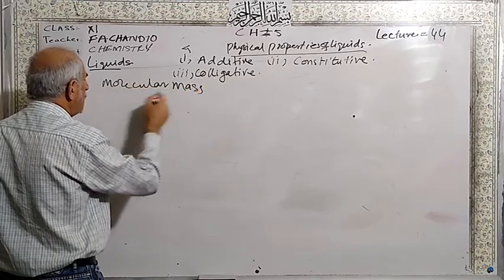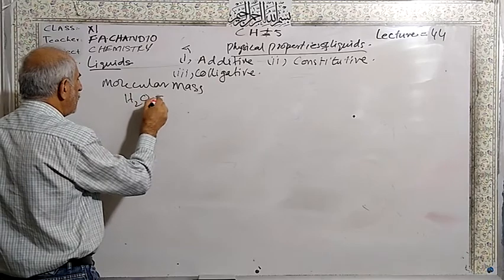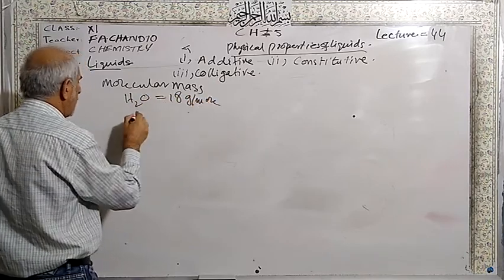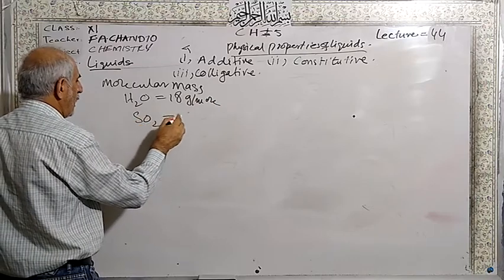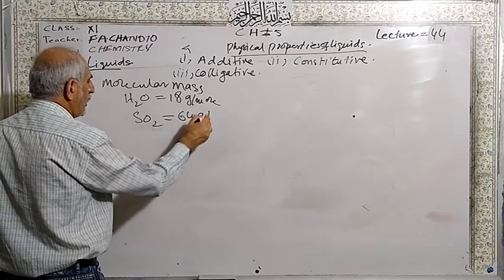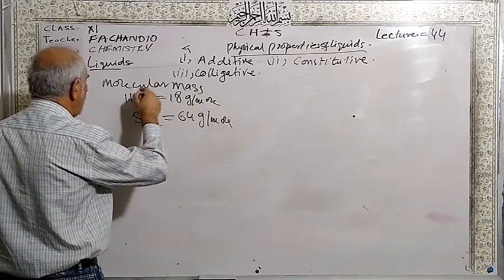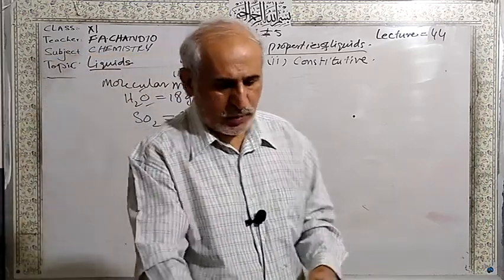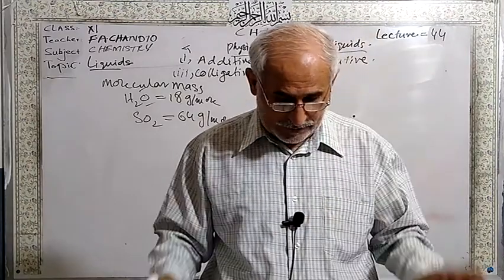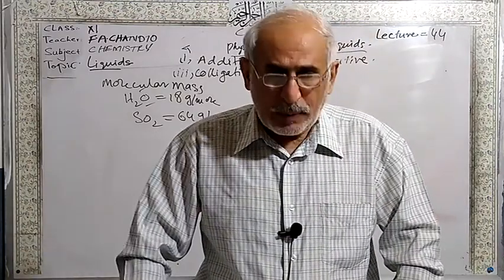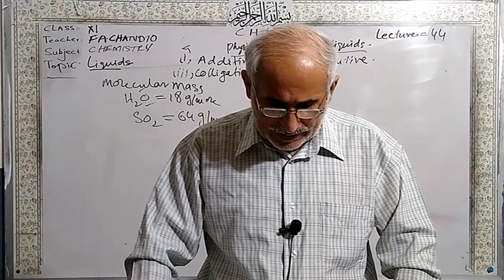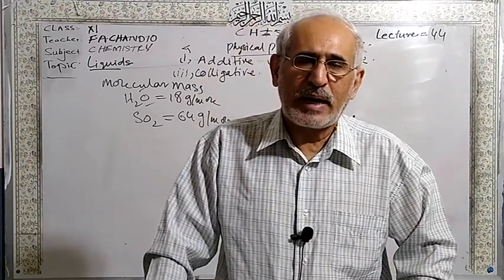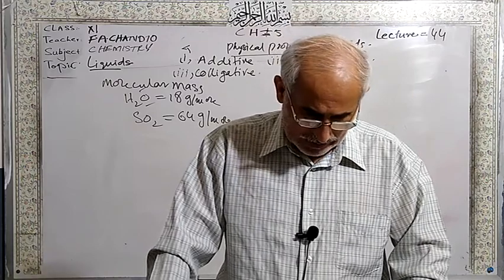Water's molecular mass is 18 grams per mole. Sulfur dioxide gas is 64 grams per mole. It depends upon the kinds of atoms present in a molecule. This is called additive properties. That's called molecular mass, molecular weight.